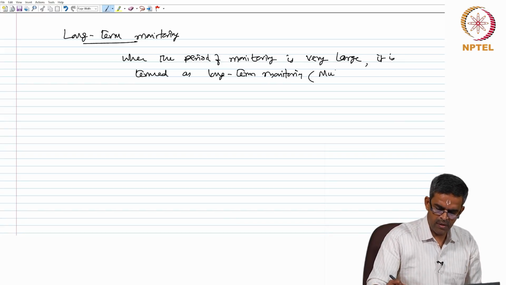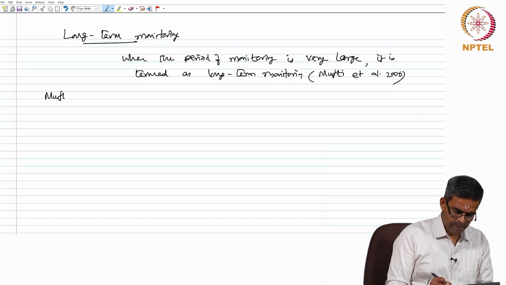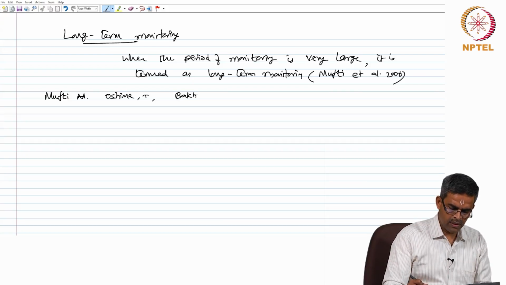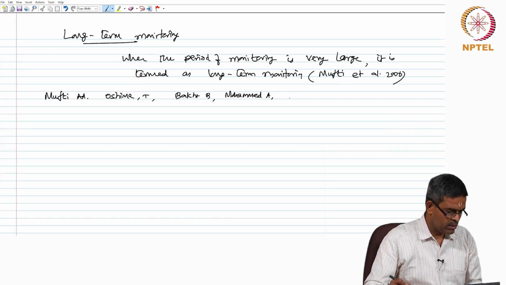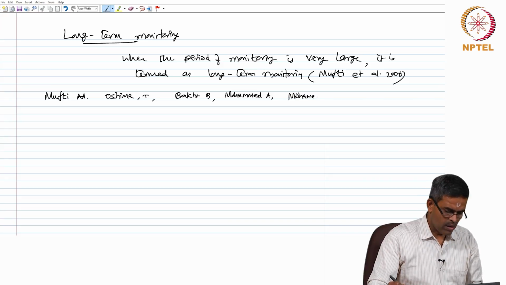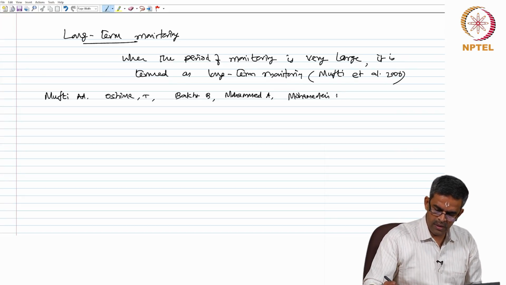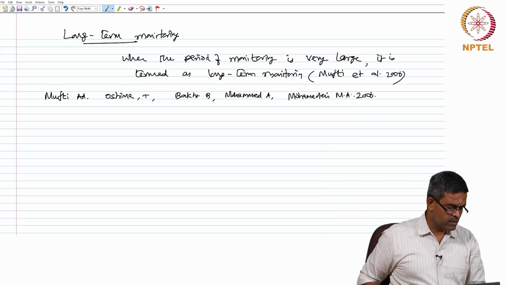As stated by Mufti et al. 2006, Mufti A, Oshima T, Bakht B, Muhammad A and Muhammadin AA, Muhammadin MA, 2006 stated this in a paper.